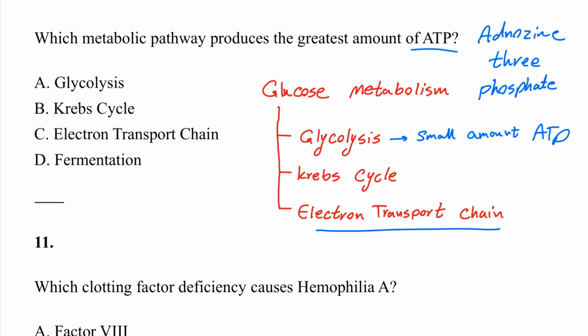Electrons move through a series of protein complexes, creating a proton gradient. ATP synthase then uses this gradient to generate large amounts of ATP. Therefore, the electron transport chain produces the greatest amount of ATP. So, option C, electron transport chain.